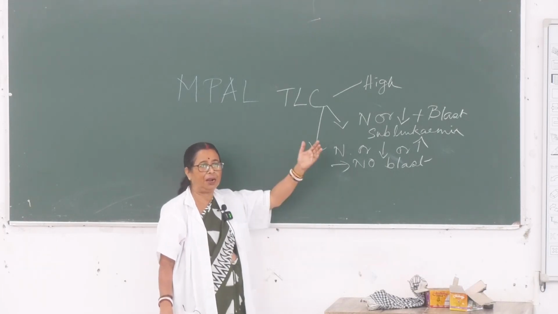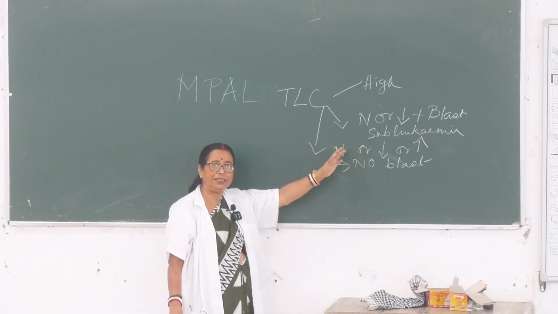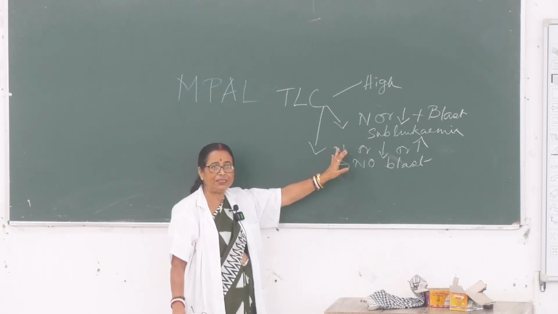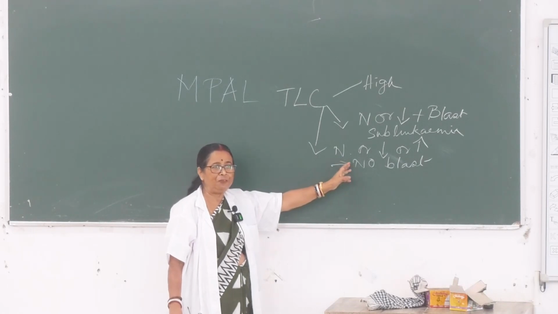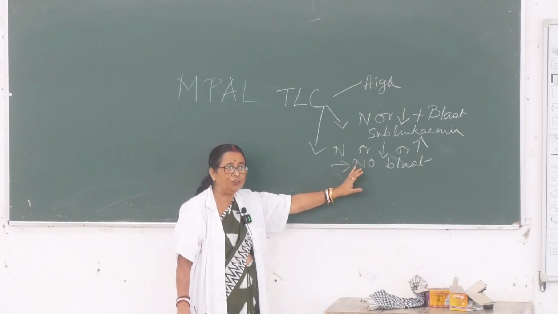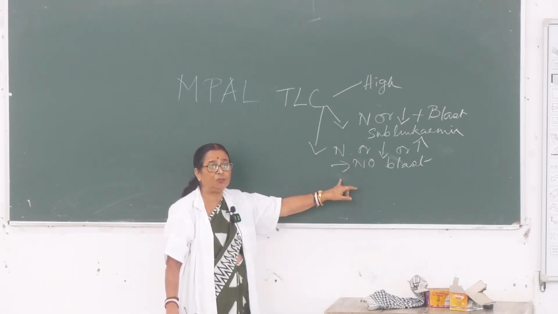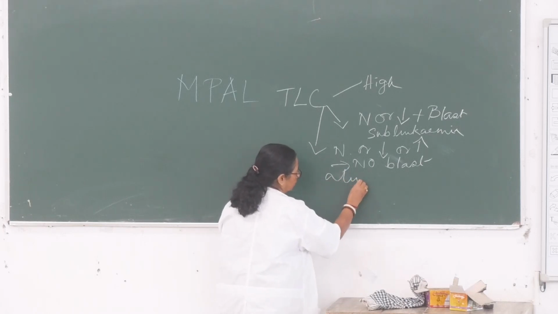Clinical features: fever, infection, bleeding disorders, those things are there, and organomegaly, and patient is very sick, and peripheral blood does not show leukemic features, it is called aleukemic leukemia. এটা বলে aleukemic leukemia.